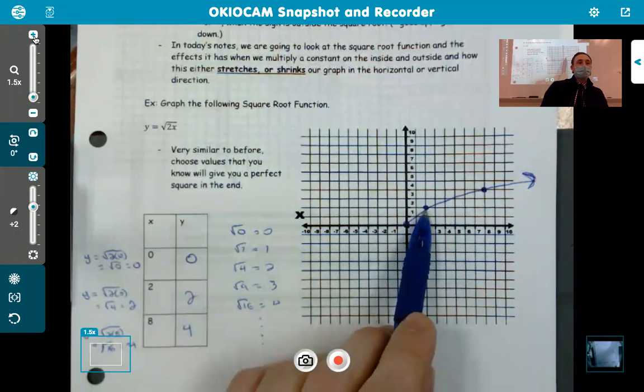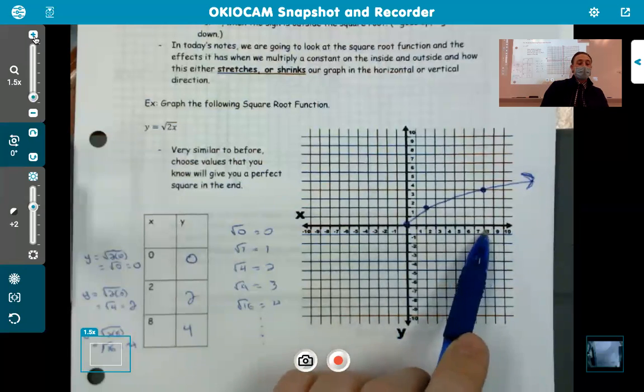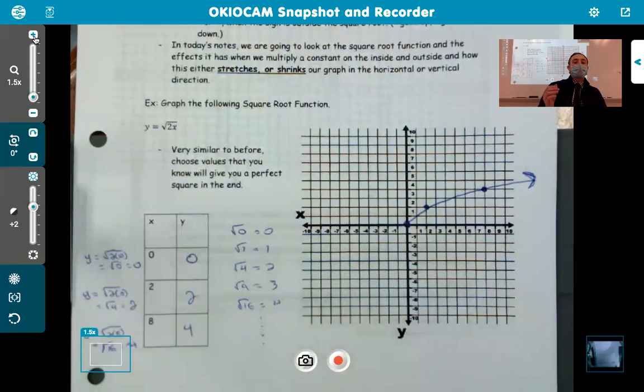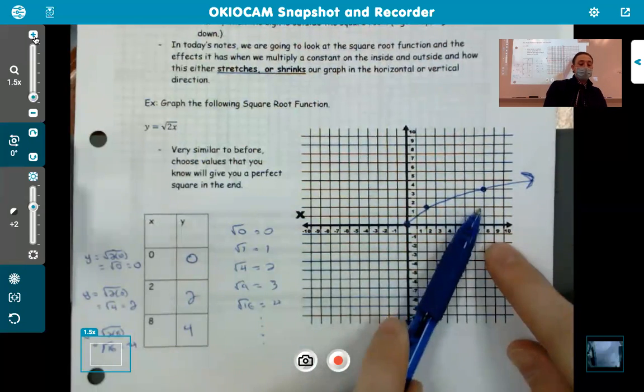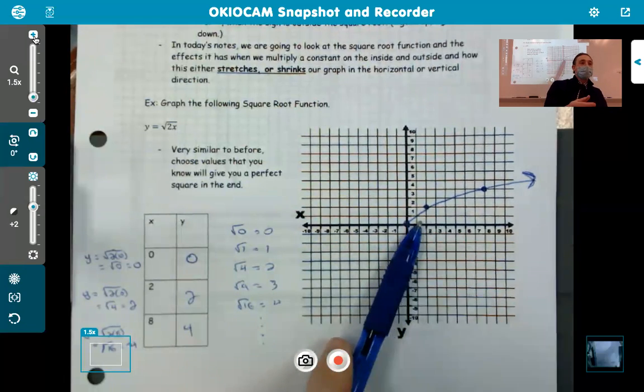What's the square root of 16? 4. But when I plugged in 8, I got 4. So all of my points are being shifted over, or what we say is compressed or shrunk in that horizontal direction. They're now 1/2 of where they actually should be. So instead of being at 16, 4, you're at 8, 4. Instead of being at 4, 2, you're at 2, 2.